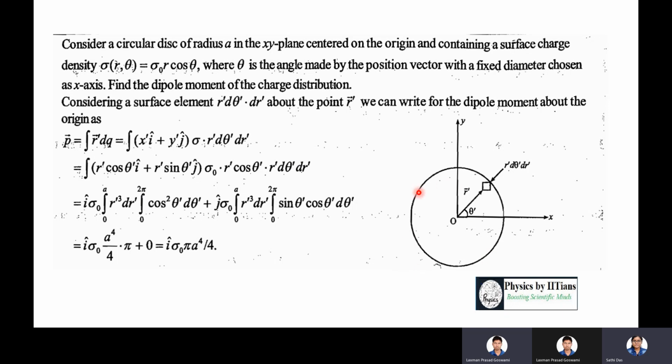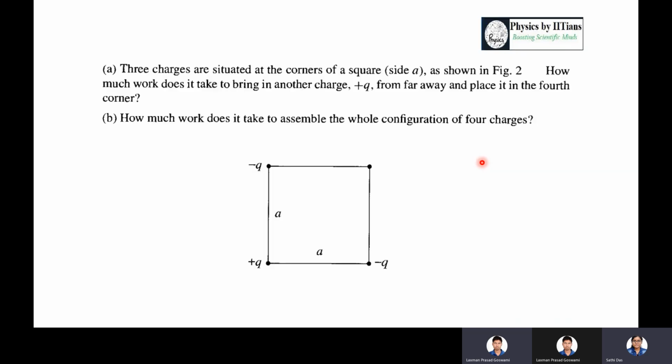We assume this circular disc, sorry, not sphere, of radius a, so we will take the r limit from 0 to a and the theta limit from 0 to 2 pi, and just simplify it. You will get the value i cap sigma naught pi a to the power 4 by 4. Friends, hope you understand how to find this kind of dipole moment for a continuous charge distribution.